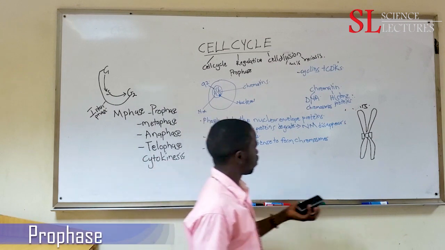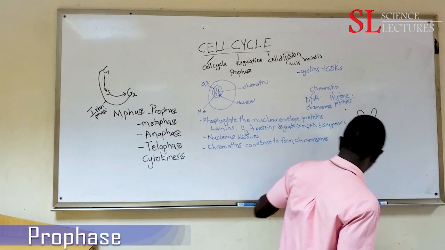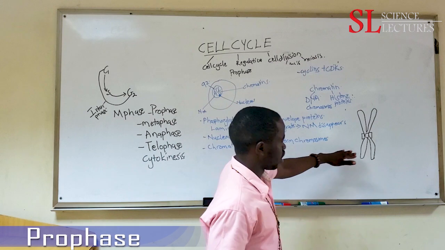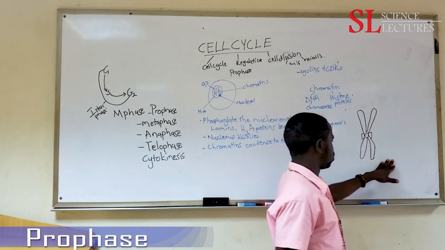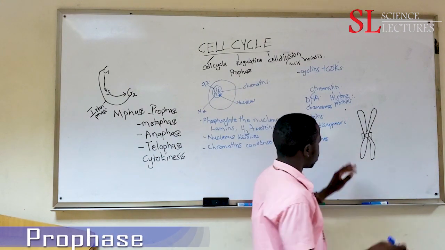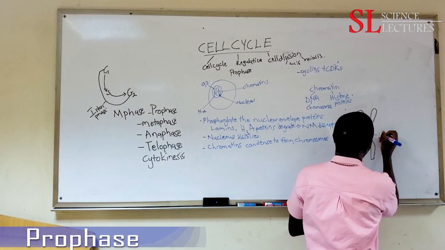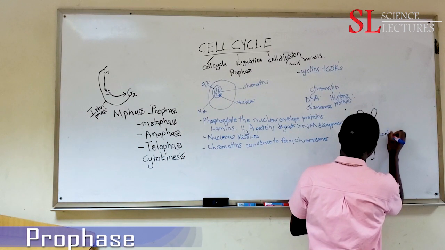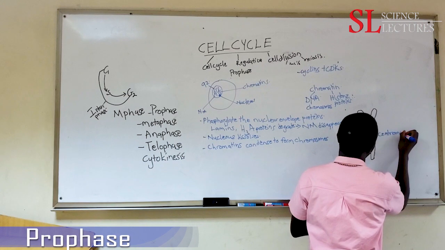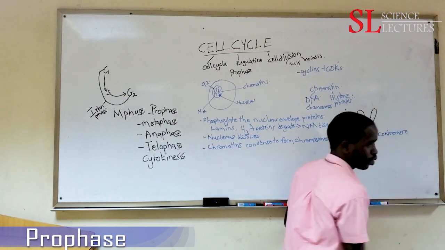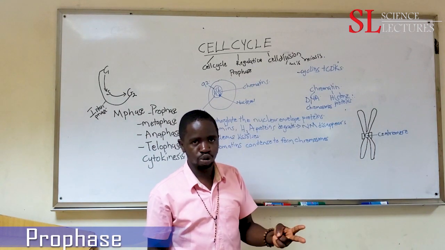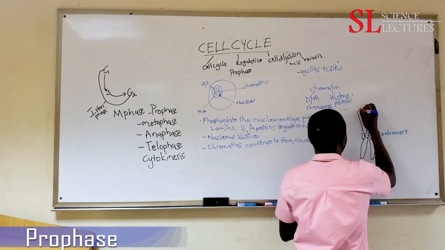So what we have here is the ultrastructure of a chromosome. This is the magnified structure, or the zoomed structure, of a chromosome. The chromosome is made up of the centromere. Then a chromosome is still made up of two sister chromatids.